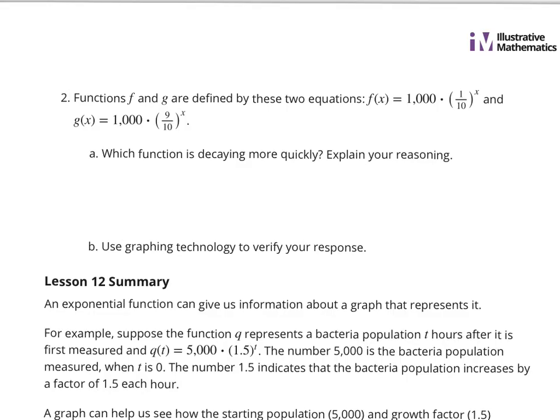That means the one that is decaying more quickly is the one that has a smaller base because it has less remaining year to year. So that tells me that f of x is decaying more quickly. And our reasoning would just be it has the smaller base, so therefore there is less remaining each year.